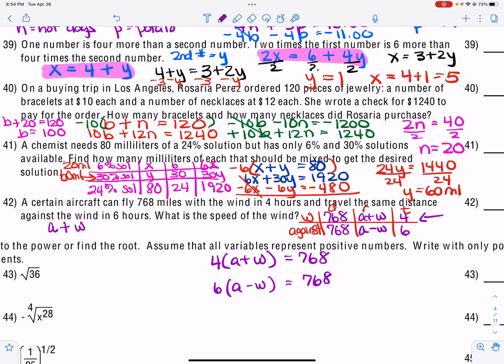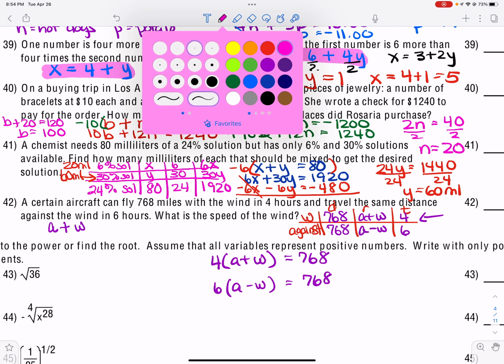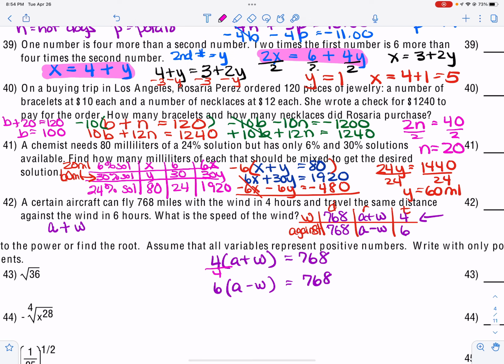And now the easiest thing to do in this problem is to get rid of the number in front of the parentheses. And so that's going to give me A plus W, and 768 divided by 4 is 192.